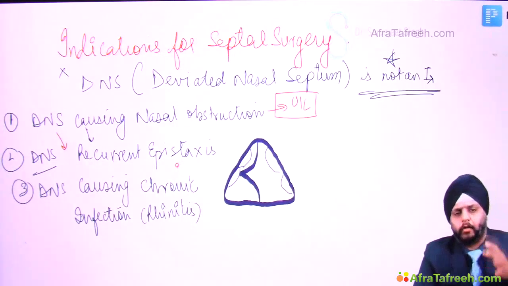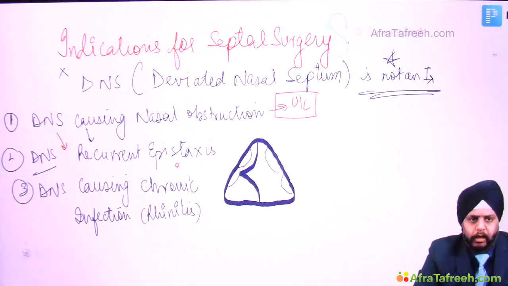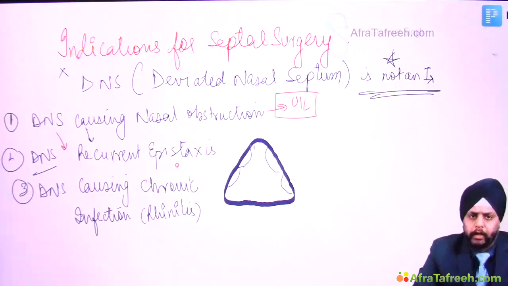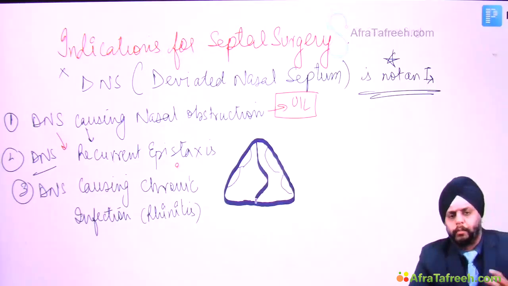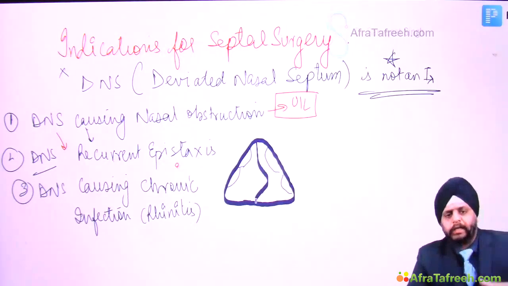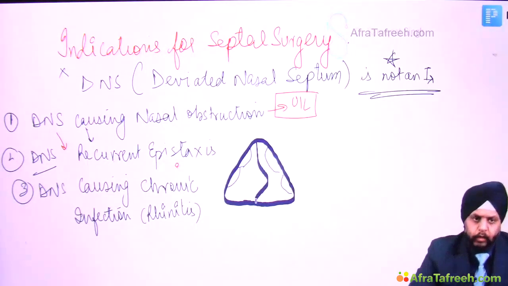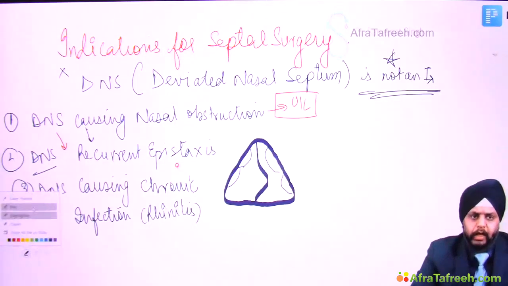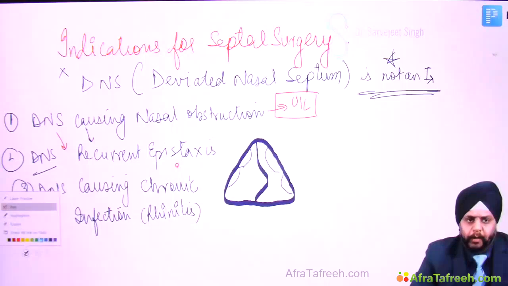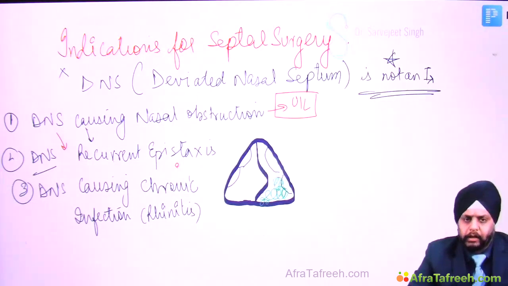How can DNS cause infection? Now you see, the DNS over here leads to blockage of the nasal cavity. Even if sometimes it is not a complete blockage, it decreases the airflow. So if there is a reduction in the airflow, what will happen? Because of reduction in the airflow, the secretions accumulate.